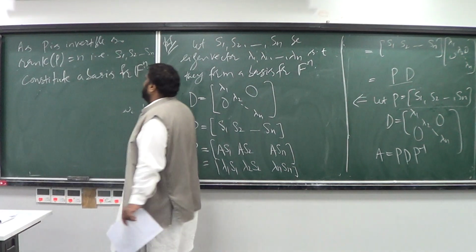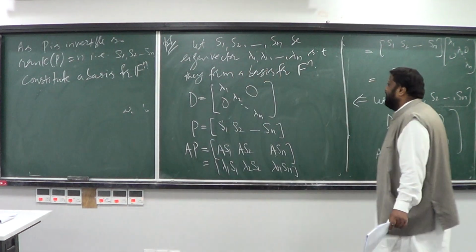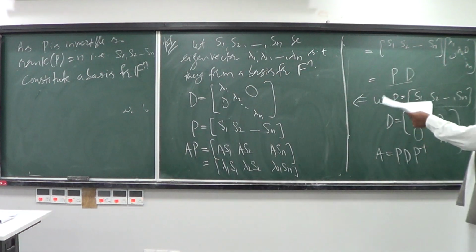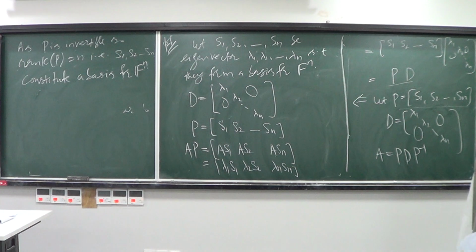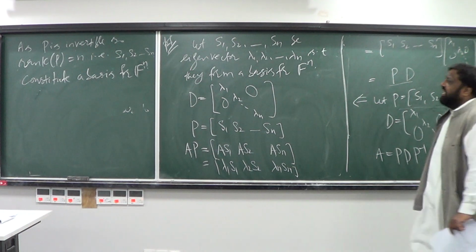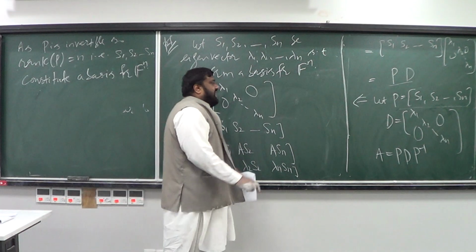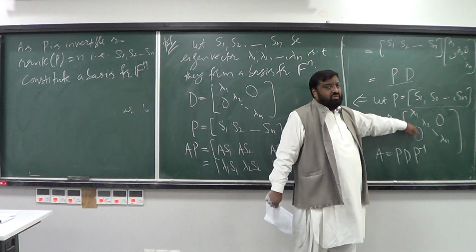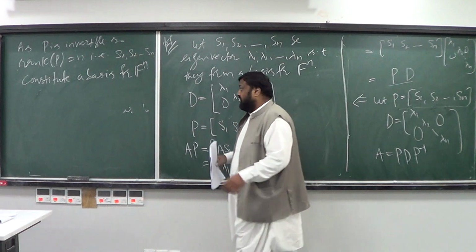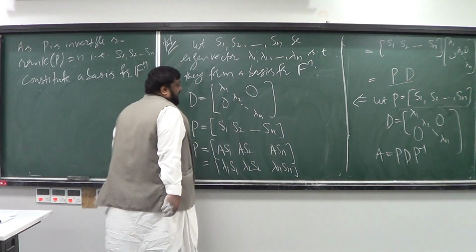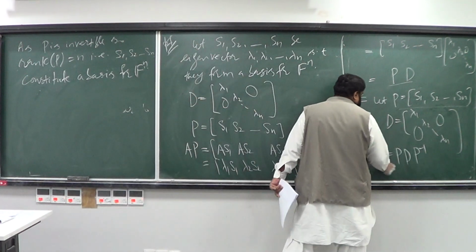So we already deduced that there is a basis for Fn. The only thing we now have to deduce is that these vectors S1, S2, Sn are the eigenvectors corresponding to lambda 1, lambda 2, lambda n. And how can I show this? I'm going to use this identity.